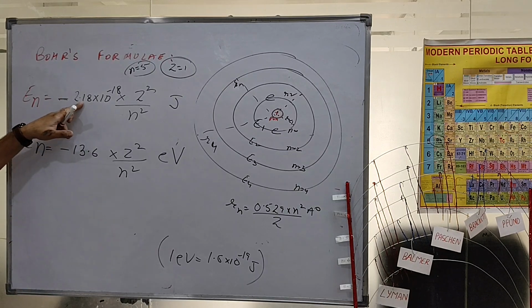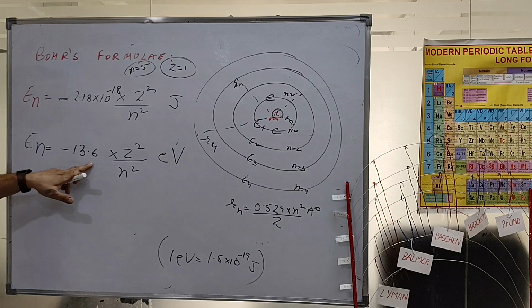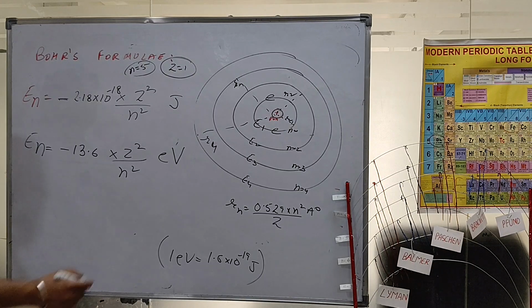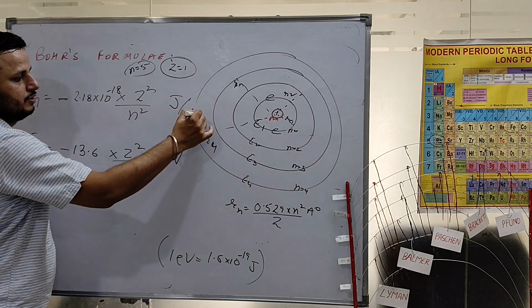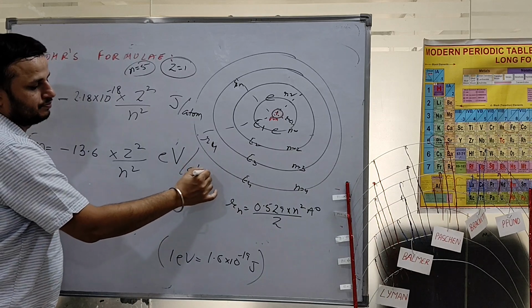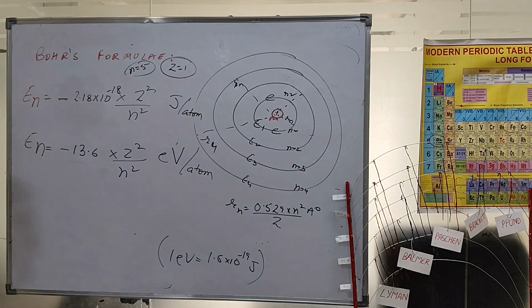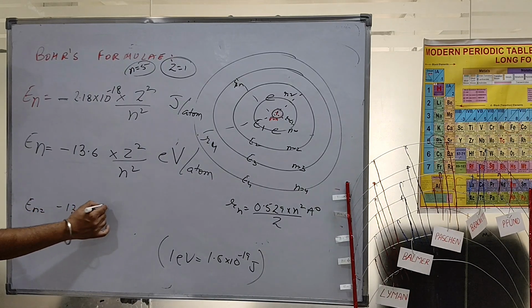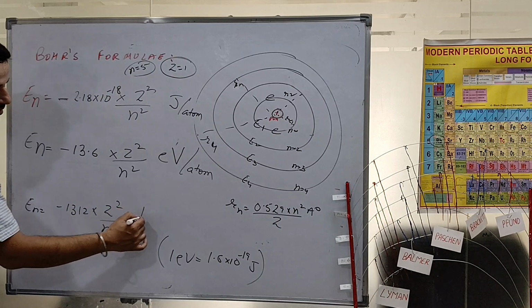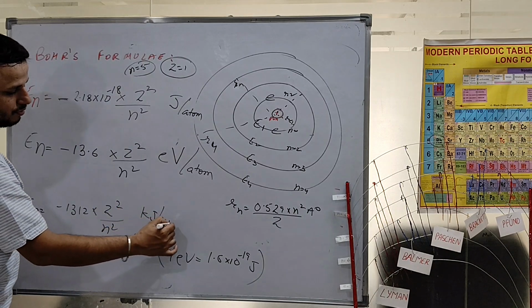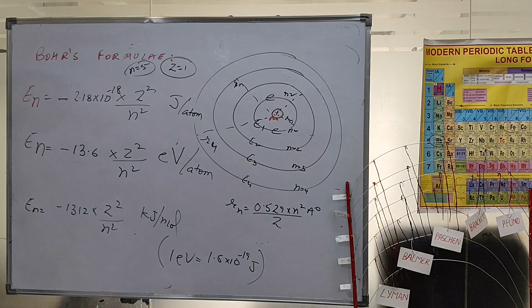So this is in joules, this in eV, joule per atom, eV per atom, and minus 1312 into z square by n square kilojoule per mole. These are the formulae of energy.